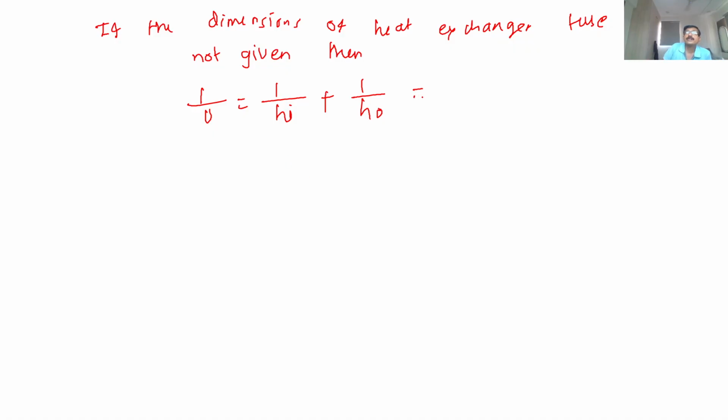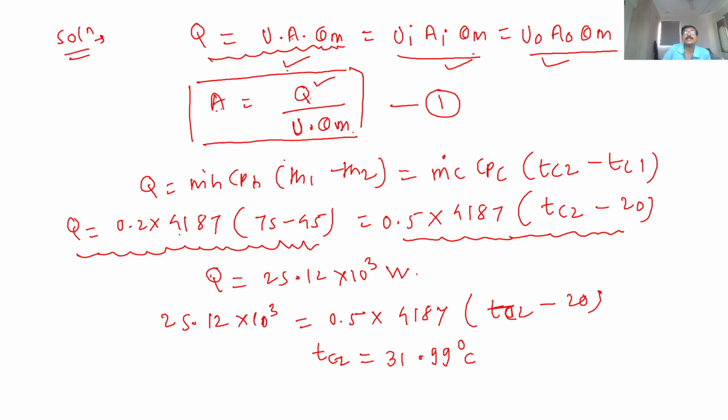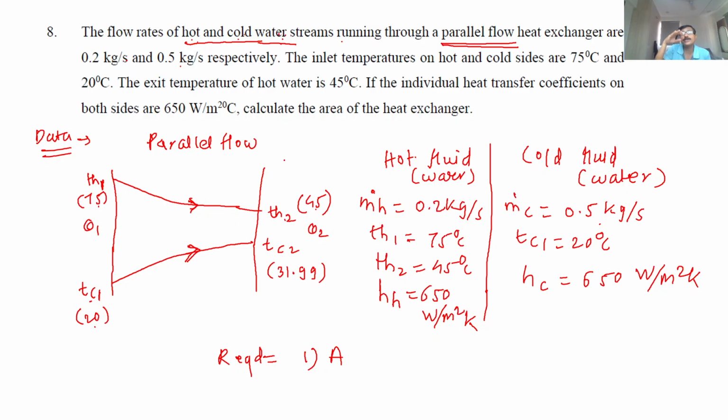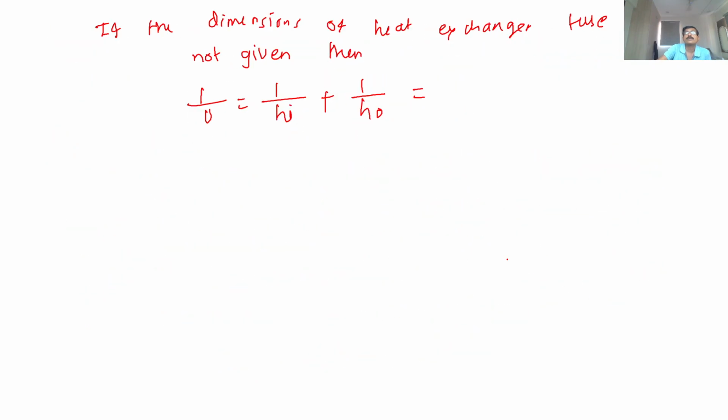So in this case, nothing is mentioned about which is inner and which is outer, whether which fluid is flowing inside and outside. So HI and HO separation is not there, so you can take anything. It is commonly given as 650, both sides given as 650. So 1 by 650 plus 1 by 650.